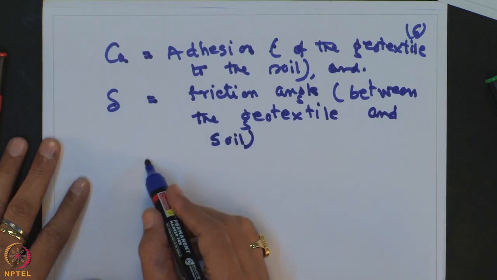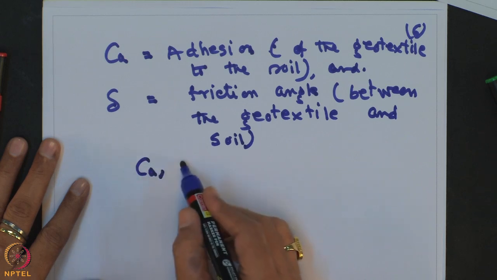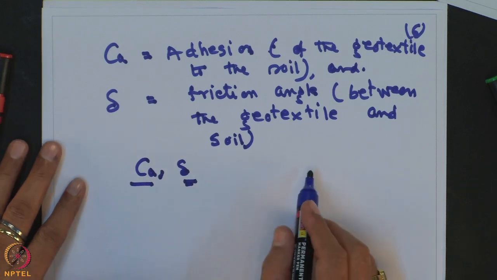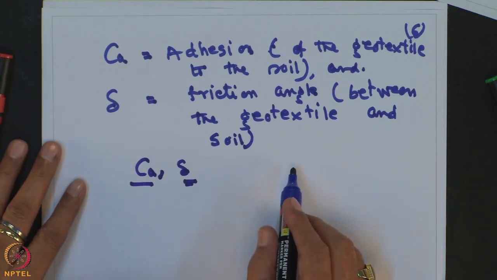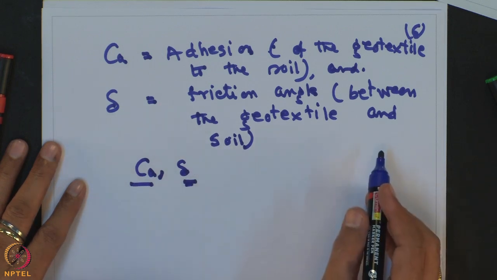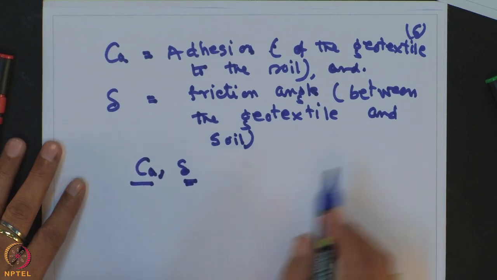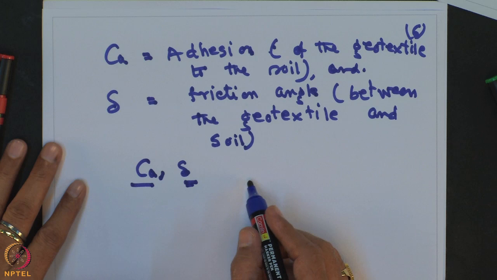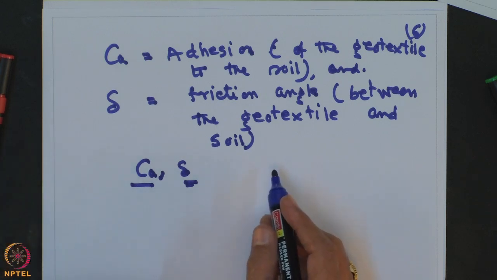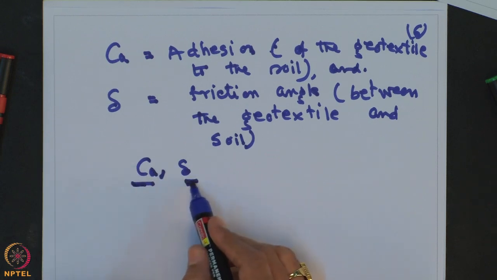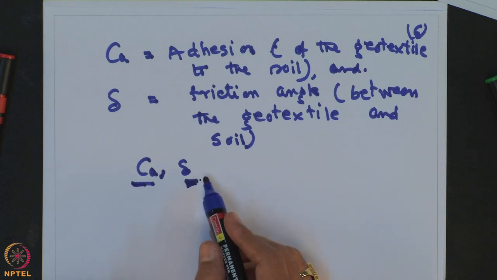So, the shear strength parameters, that is Ca and delta, can be compared with respect to the soil to soil geosynthetic material. So, from this you can determine what the adhesion should be, this is important, and what the friction angle will be.